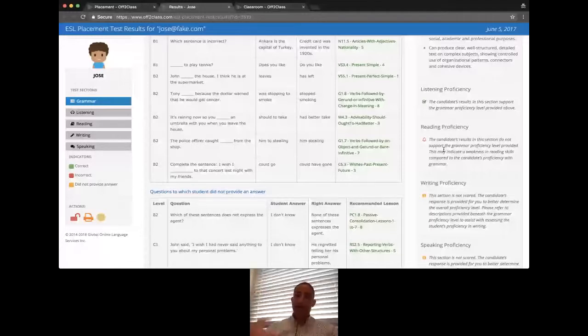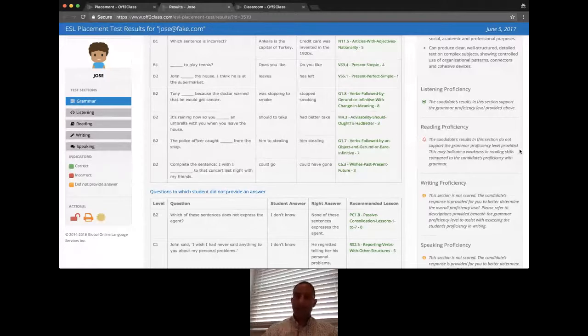Now, the level of these questions is being driven off how the student scored in the grammar section. So we're saying, okay, the student has a C1 upper intermediate grammar proficiency, but does the listening support that? When the student is provided listening comprehension questions at the C1 level, are they able to actually support that grammar proficiency level? And same goes with reading.